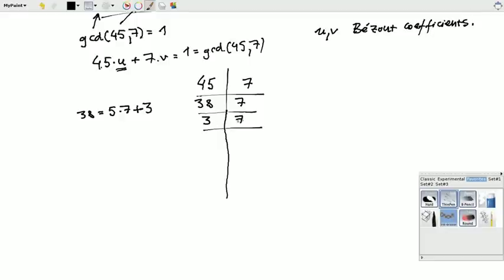Then I would take 3 away from 7, get 4, and keep the 3. Take away 3 from 4 and get 1. Then take away 1 from 3 until I got to 0. And when I get to 0, then the other number that remains is the greatest common divisor of 45 and 7.